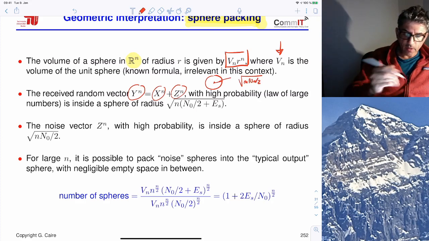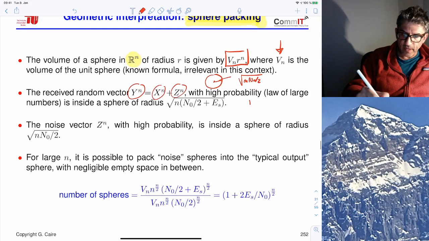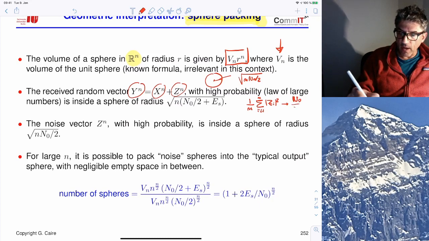Why is that? Because by the law of large numbers, if I take 1 over n sum over i of zi square, this converges to the variance of the variable z, which is n0 half.